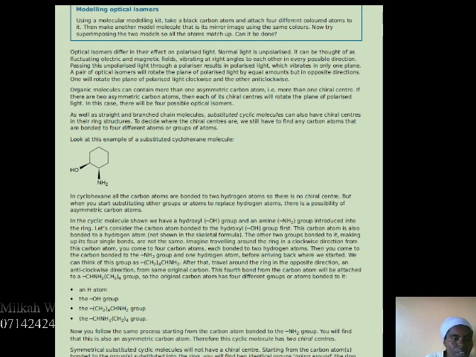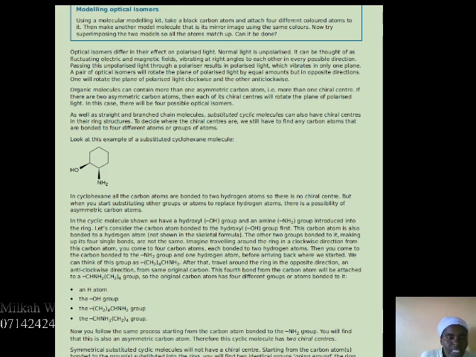Here the carbon is bonded to an OH group and to different groups, an OH group, a hydrogen, and another group that has an amine. In plain cyclohexane, all the carbon atoms are bonded to 2 hydrogen atoms, so there is no chiral center.